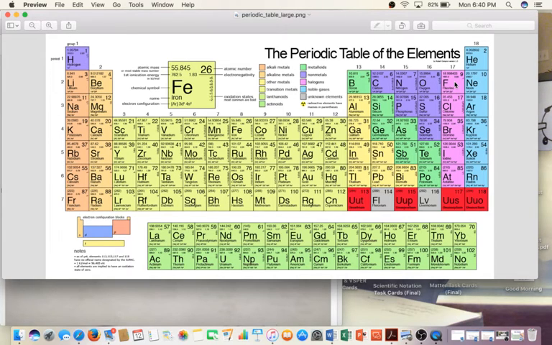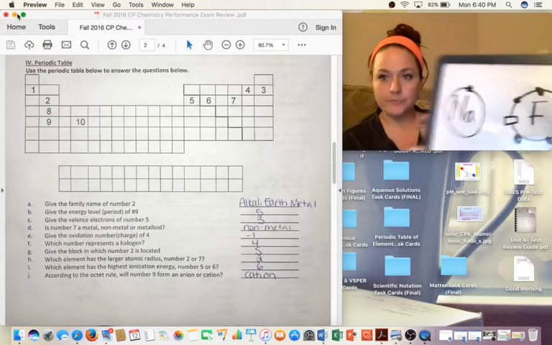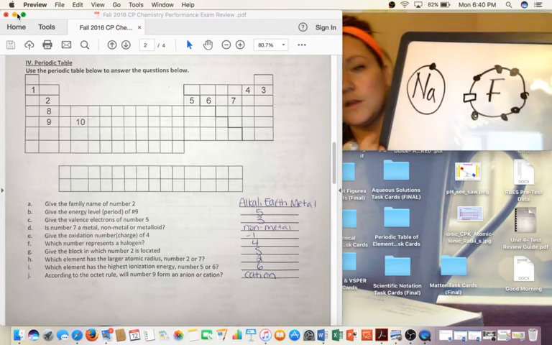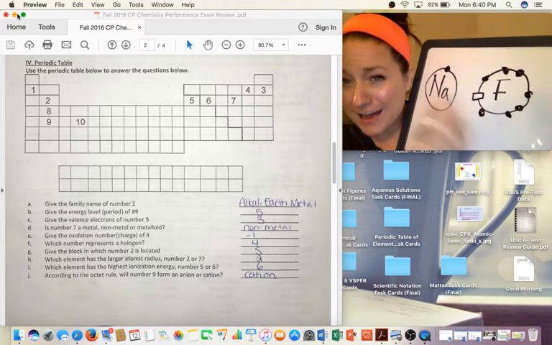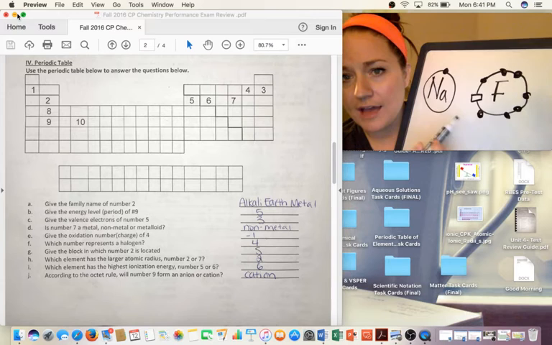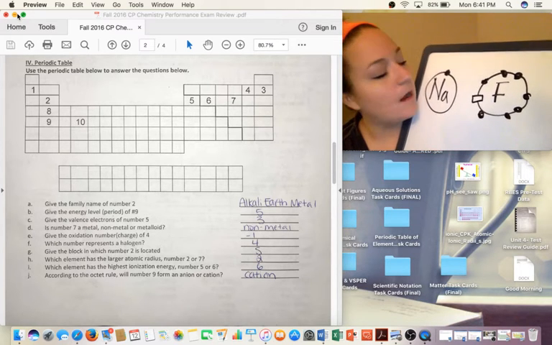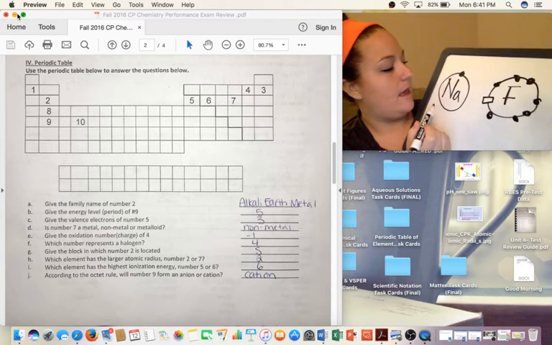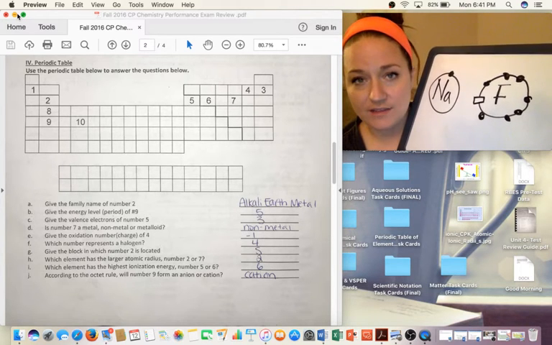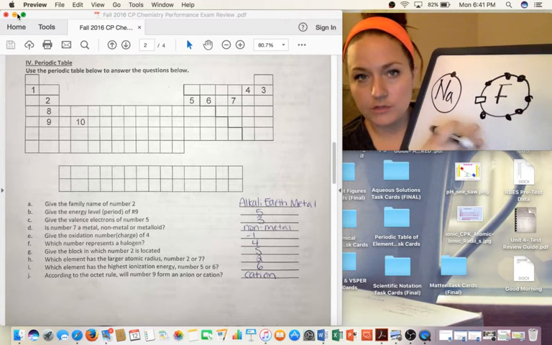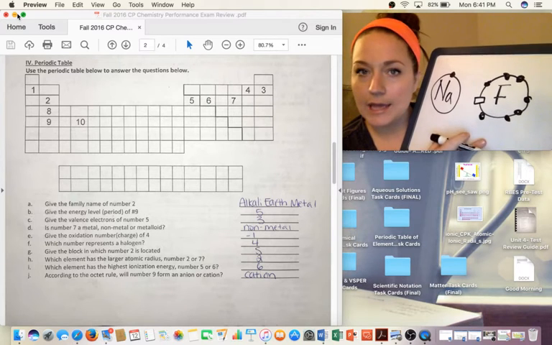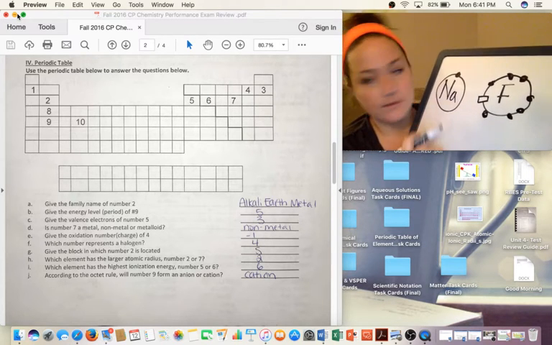And let's say fluorine, darling, decided to react with sodium. So what is happening is this. Fluorine has 7 valence electrons, so it's the outermost circle. Valence electrons are only having to do with the outermost circle of your element. And sodium has 1 valence electron, even though he has more inside the rings. Remember, I didn't draw the whole Bohr's model. I know that. This is just a demonstration. These are just the valence electrons.